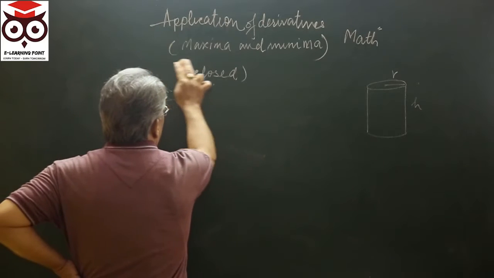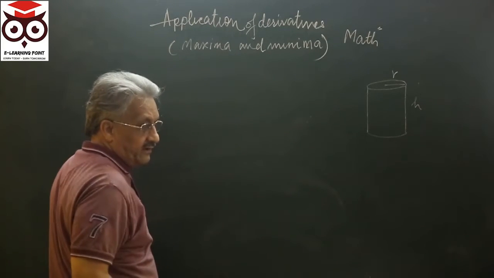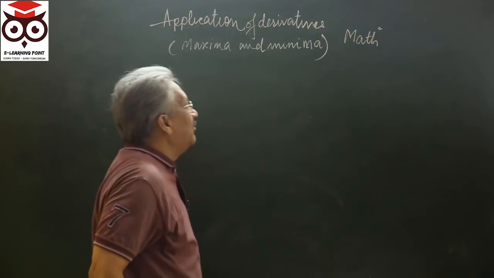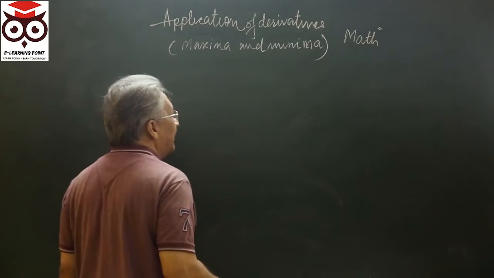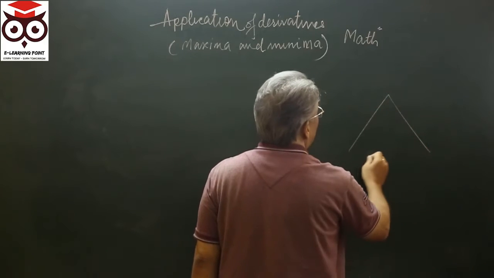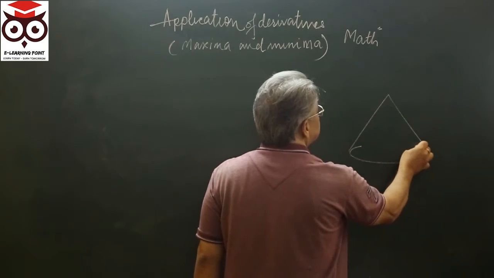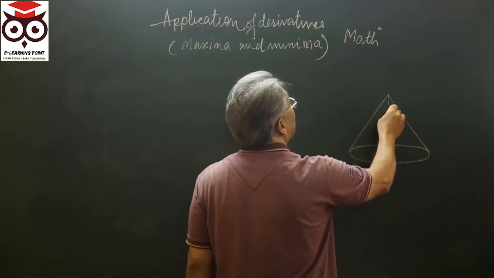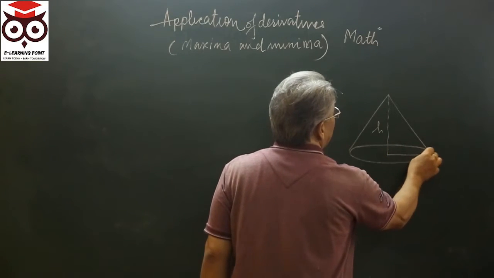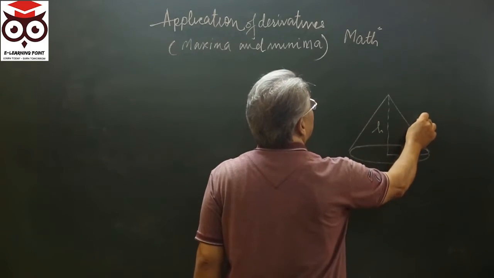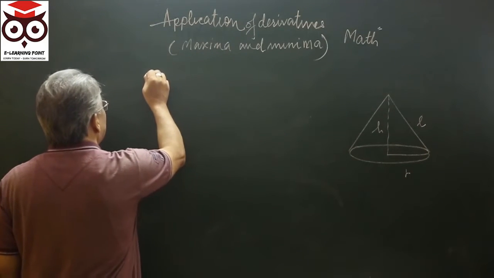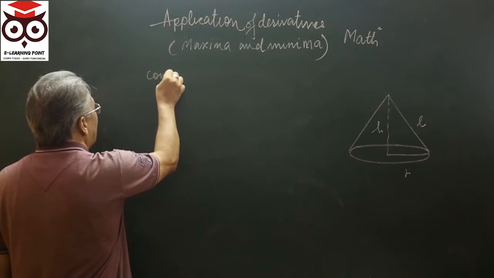There is also another important figure which is most probably used in maxima minima. एक और फॉर्मूला है हमारे पास, एक और फिगर है. आई थिंक आप लोग सब जानते हैं कि this figure is a cone, right. This is called height. इसको हाइट बोलते हैं, इसको रेडियस बोलते हैं, इसको स्लांट हाइट बोलते हैं. तो सबसे पहला फॉर्मूला आता है कोन का.